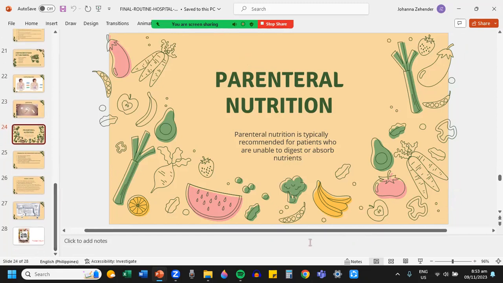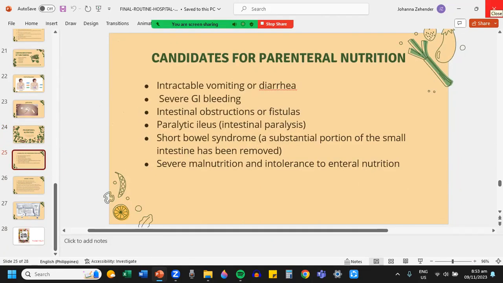Okay, next we have parenteral nutrition. Parenteral nutrition is typically recommended for patients who are unable to digest or absorb nutrients. I mentioned hyperemesis gravidarum, that's one example. So candidates for parenteral nutrition are those experiencing intractable vomiting or diarrhea, severe continuous GI bleeding, intestinal obstructions or fistulas, paralytic ileus, or intestinal paralysis.